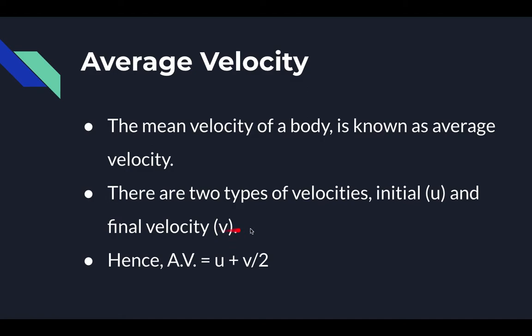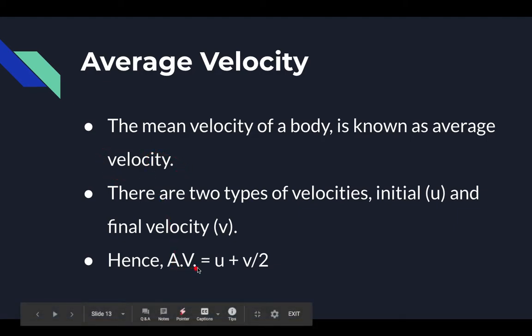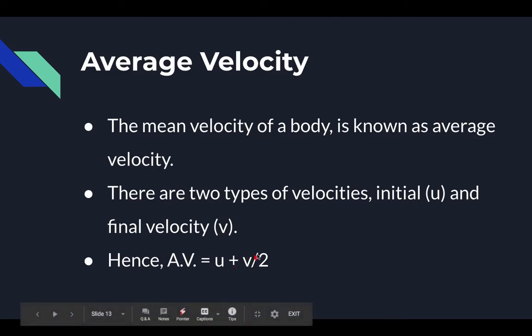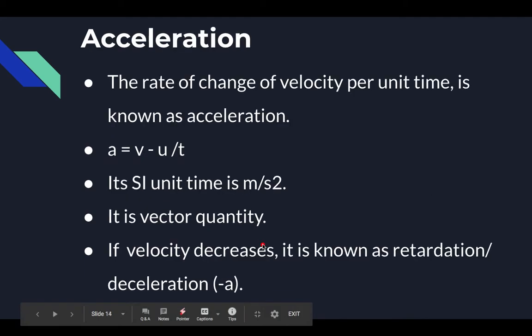The mean value of these two velocities is known as average velocity. So average velocity is equal to, since we have two velocities, we add them first, u plus v, and since we have added two quantities, divide by 2. In this way we can find the formula of average velocity.